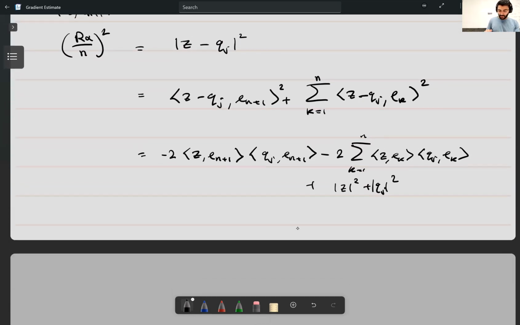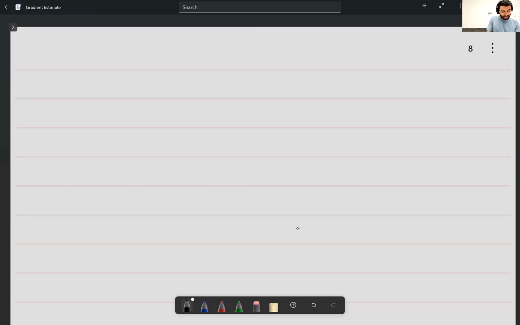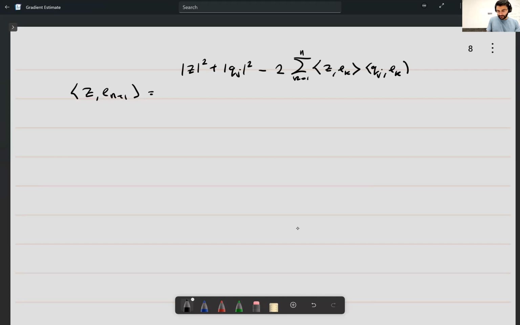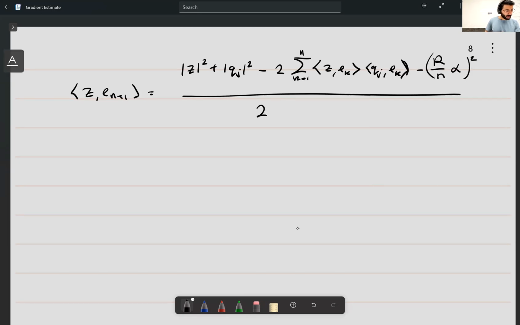So I can rearrange this to get Z en plus 1 is equal to Z squared plus qj squared minus 2 sum k equals 1 to n Z comma ek qj comma ek minus r on n alpha squared divided by 2 qj en plus 1.